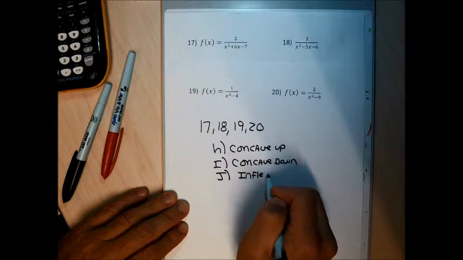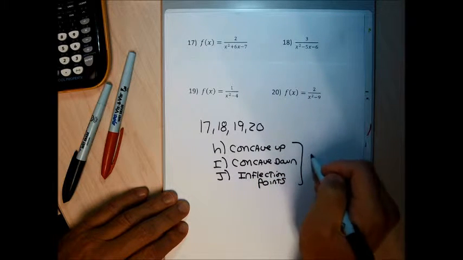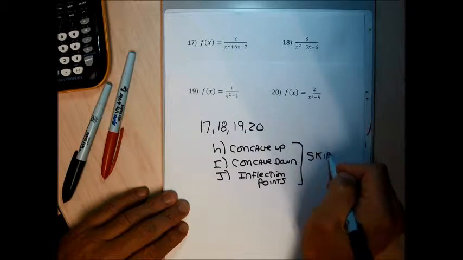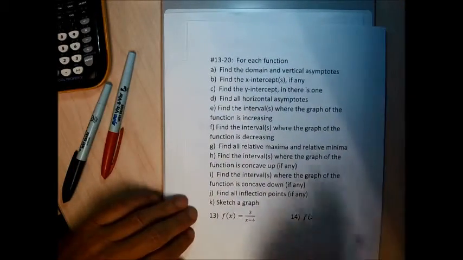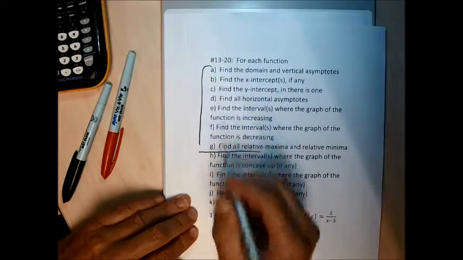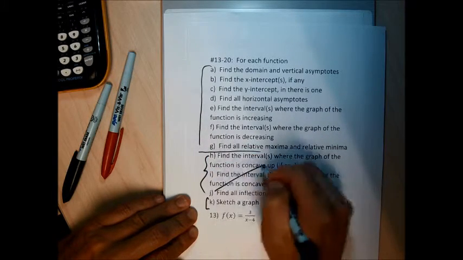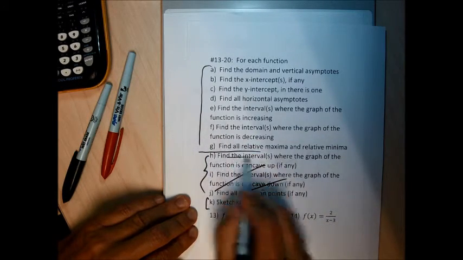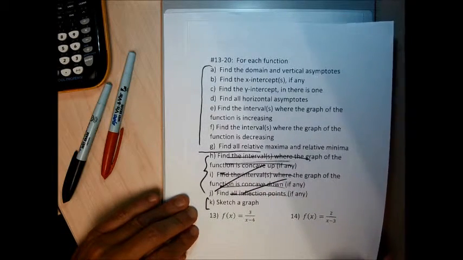So we're flat out going to skip those for these 4 problems. We're just going to do parts A through G, along with K. So we're skipping H, I, and J, and that only is for 17, 18, 19, 20.